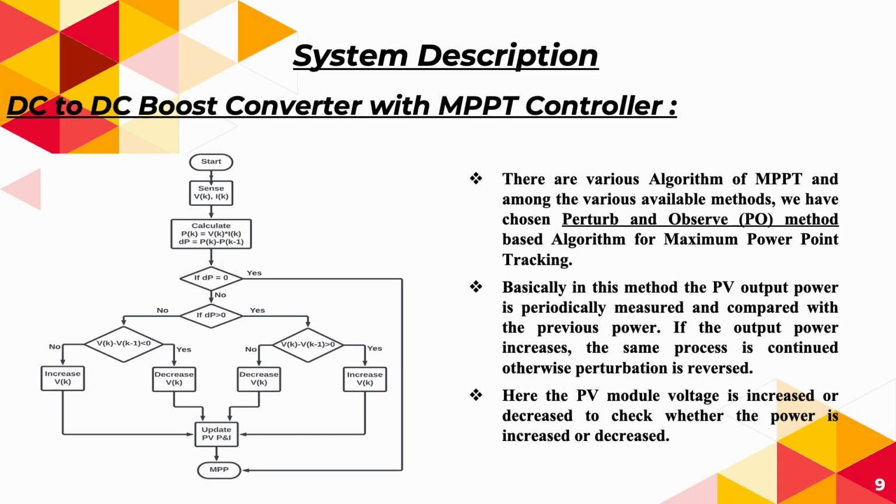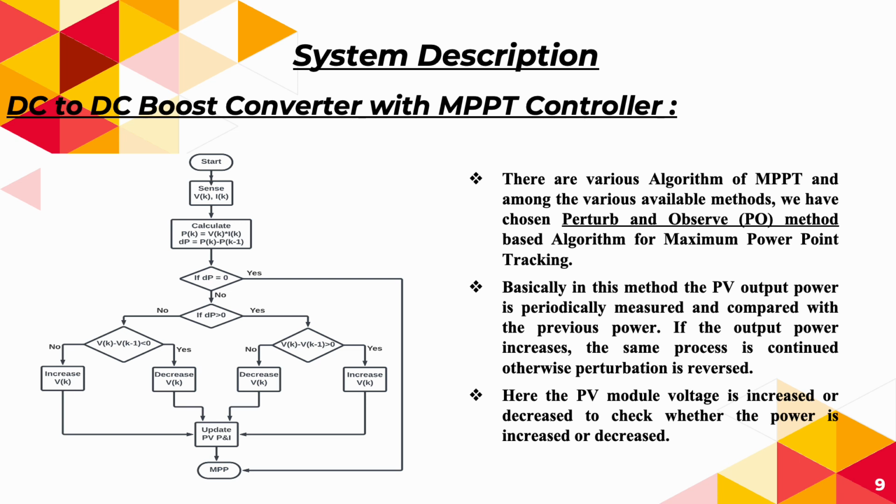So what is the P&O MPPT controller actually? Here you can see a flow chart of the algorithm of this controller. In this perturb and observe algorithm, the system senses the voltage and current of the current sample as well as the previous sample.